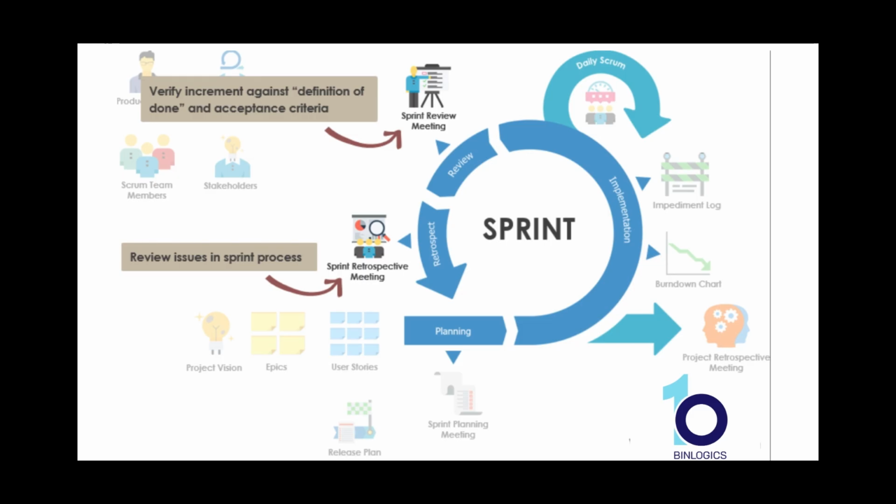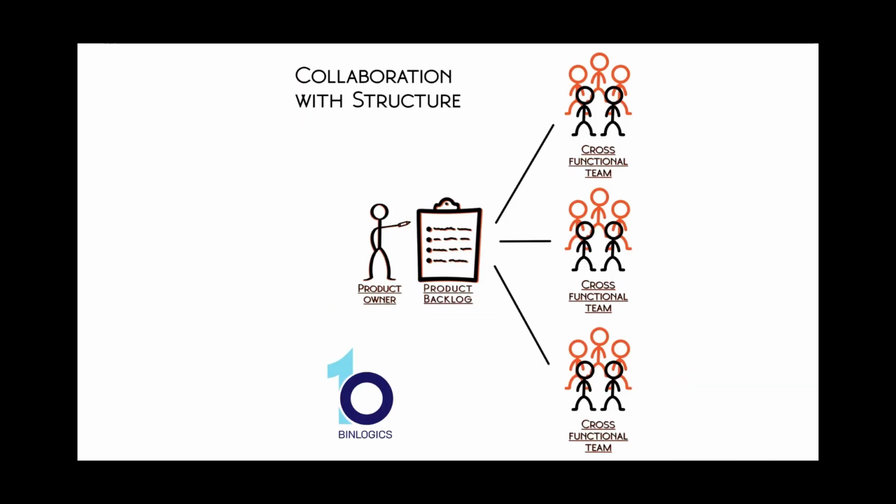In daily scrum, honest discussion of progress and impediments. In sprint review, demonstration of completed work and stakeholder feedback. In sprint retrospective, open reflection on what went well and what needs improvement.